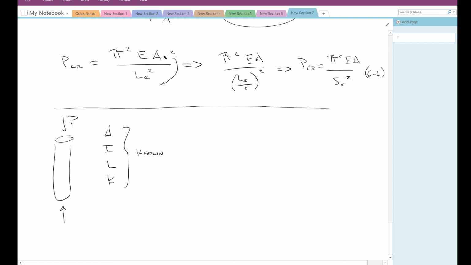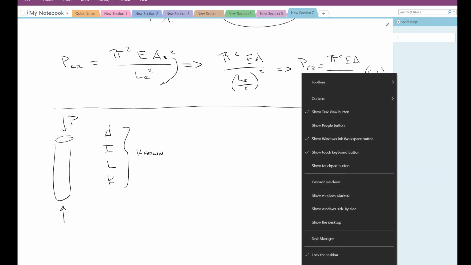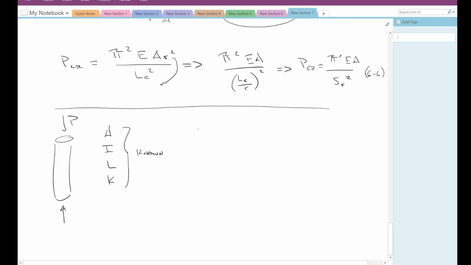Well, now we want to find out how well our load will stand up to our critical load, right? So we're going to take our critical load, and we want to compare it. Is it less than or equal to our design load? Well, if it's less than our design load, then we're not in good shape, because we want it the other way.